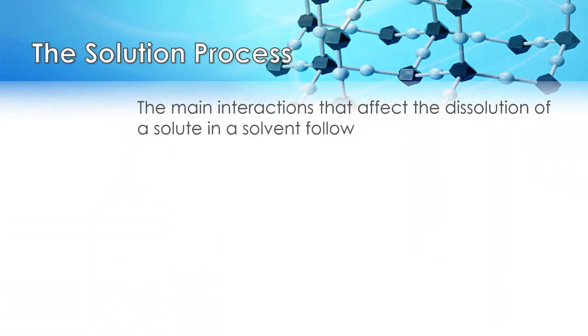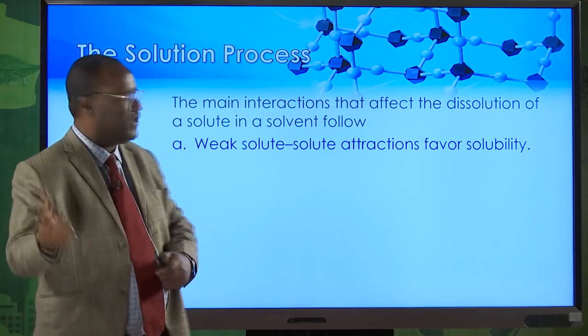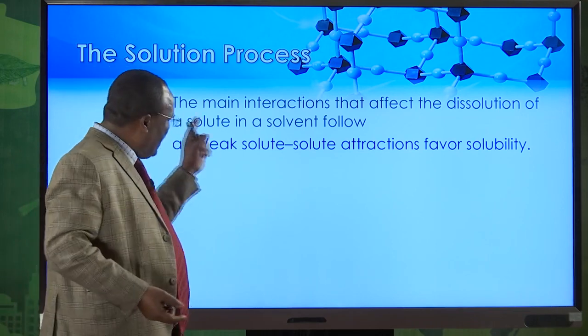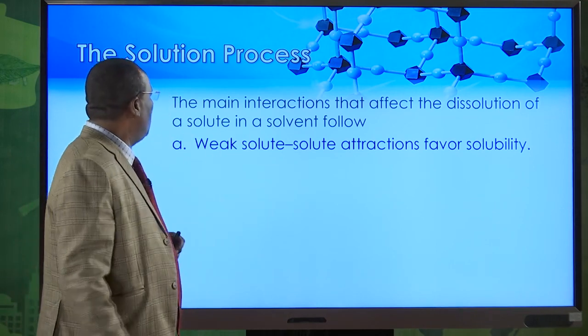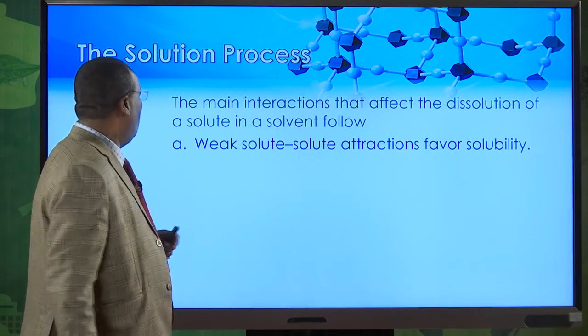So the main interactions that affect the dissolution of solids in a solvent, as I've said, are three types of interactions: solvent-solvent interaction, solute-solute interaction, and solvent-solute interaction. Solute-solvent interaction must overcome solute-solute interaction and solvent-solvent interaction for the solution to form.